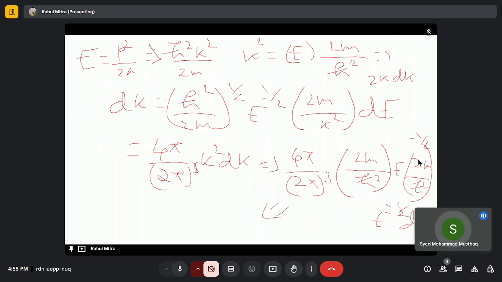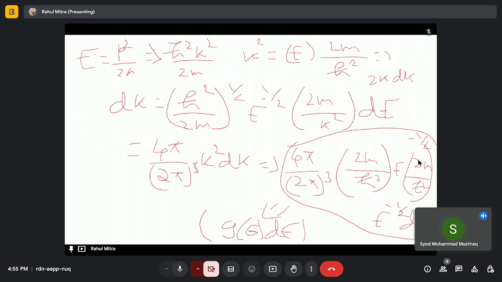And this whole thing can be represented as G(E) dE, right? Instead of G(k) dk, we can write it as G(E) dE, the density of states represented in terms of energy values, not k space.